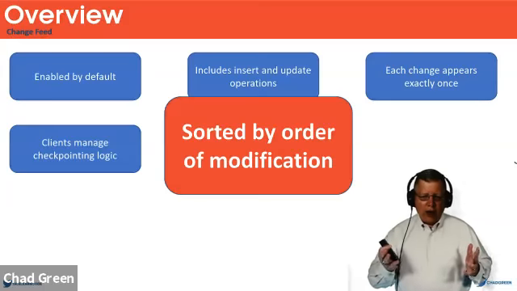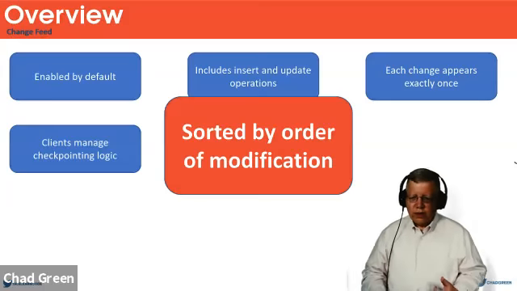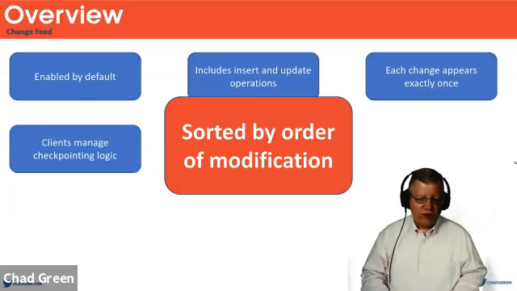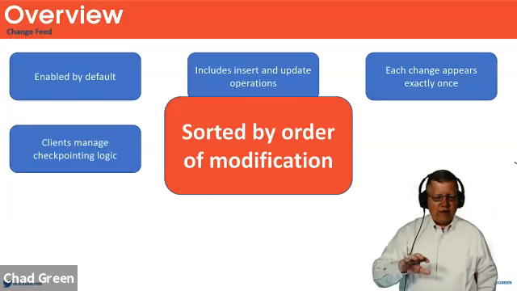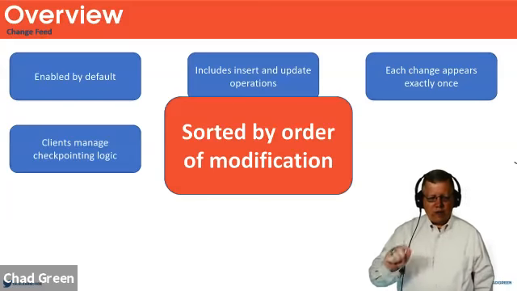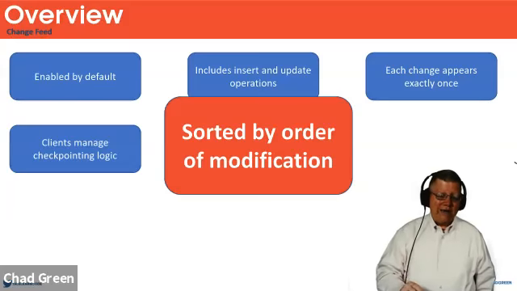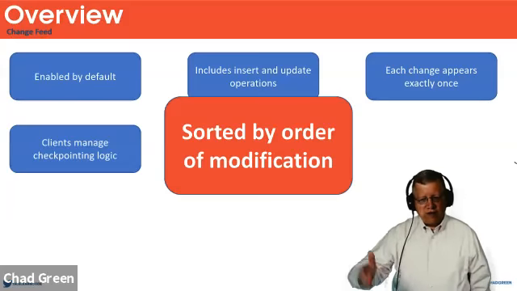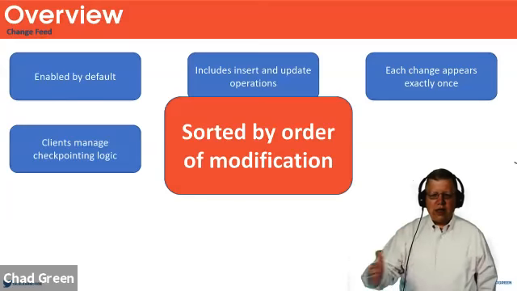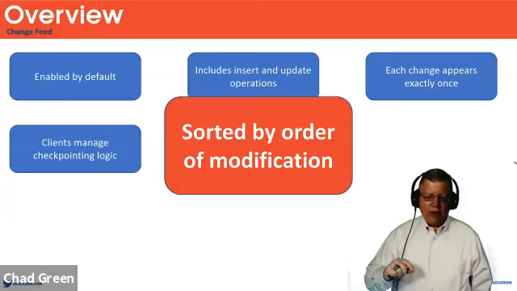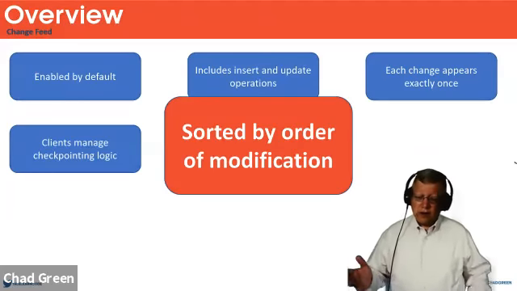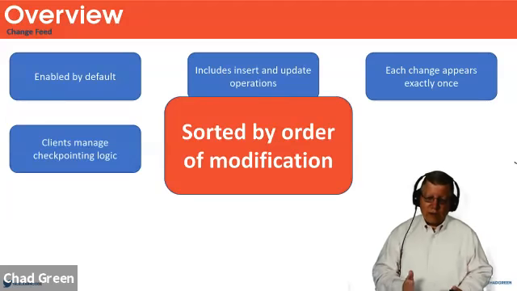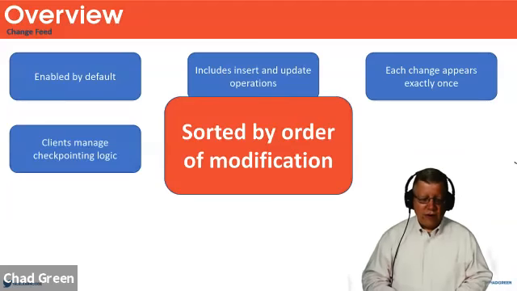So changes are sorted by order of modification, within a logical partition. One of the things to consider is that while it is sorted by order of modification, you're not guaranteed a sorting order across different partitions. Cosmos is really keen on partitions. Your partitions can only be no more than 20 gigabytes. That sounds like a limitation, but it's actually not too bad. Partitions are really important; we could do a whole presentation just on how you set your partitions.